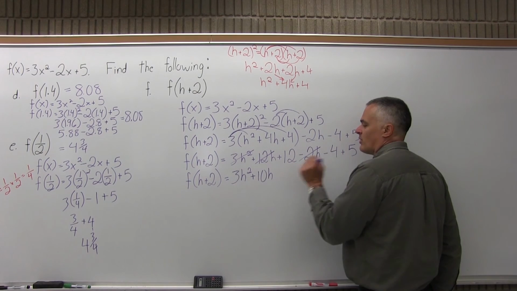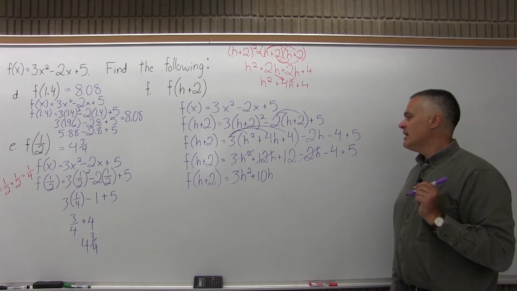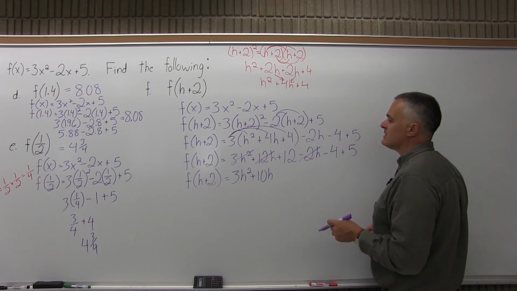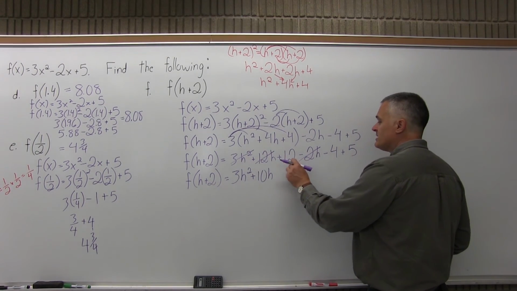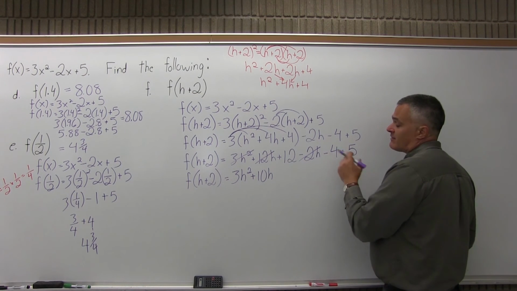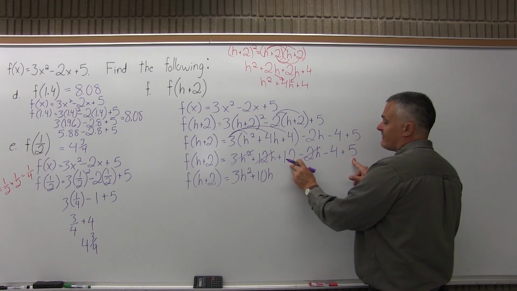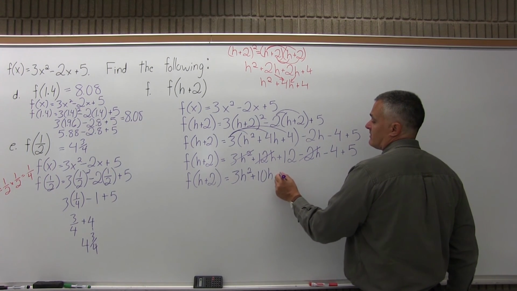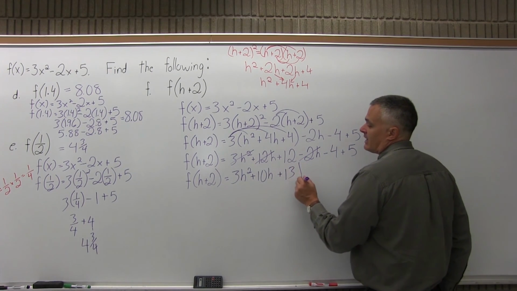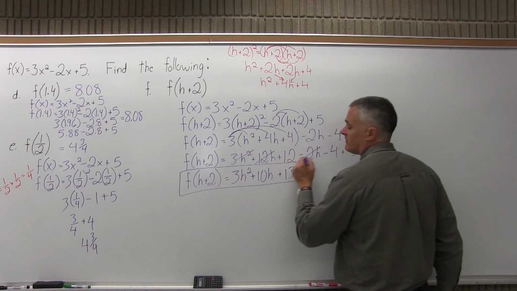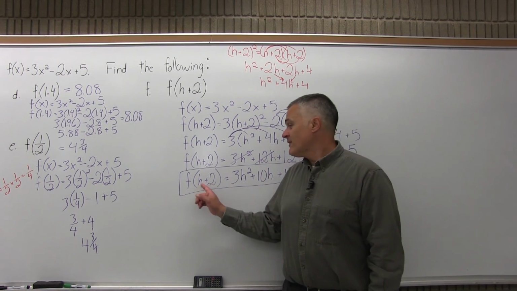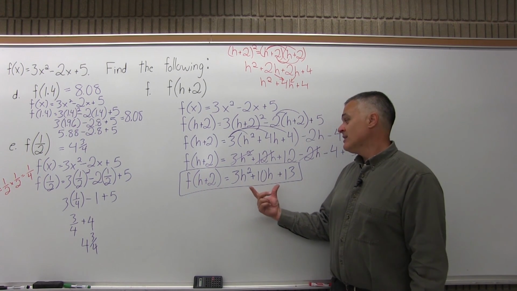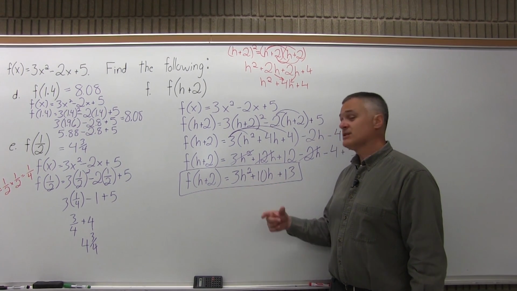So the 12h and the negative 2h are done. And then just numbers with no variables, or what the math book would call constants. Positive 12, negative 4, positive 5. So I can combine those. So 12 and 5 is a 17. Combine that with a negative 4, and you'll get positive 13. And now that's as far as it can be simplified. So if you find f of h plus 2, or in other words, put in h plus 2 as an input, the output that you will get is 3h squared plus 10h plus 13.